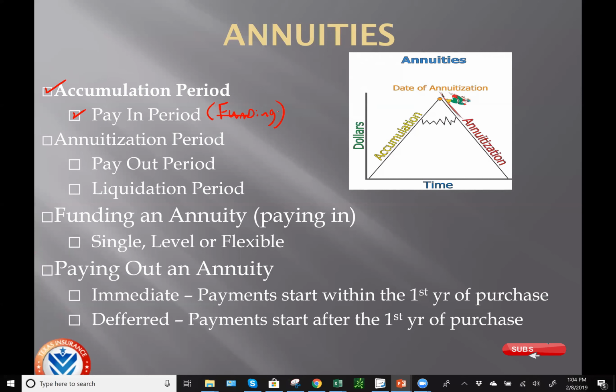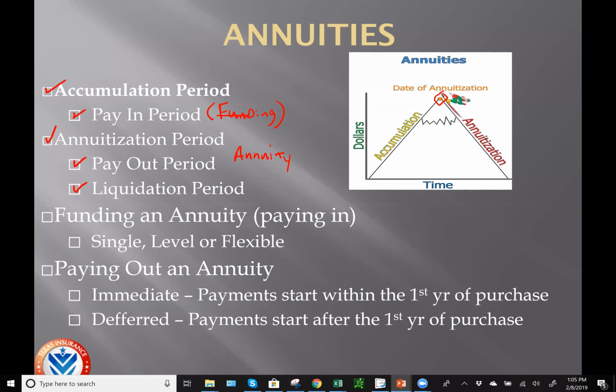So you would fund it during the accumulation period for a certain number of years, which is going to be different for everybody. After that certain number of years is the date of annuitization, and that begins your next period, called your annuitization period. Other names for your annuitization period are the payout period, the liquidation period, and the annuity period. These are all different names for that one period in the annuity.